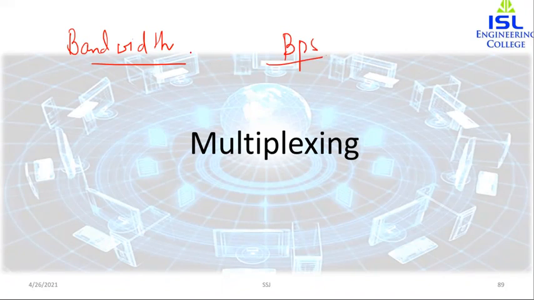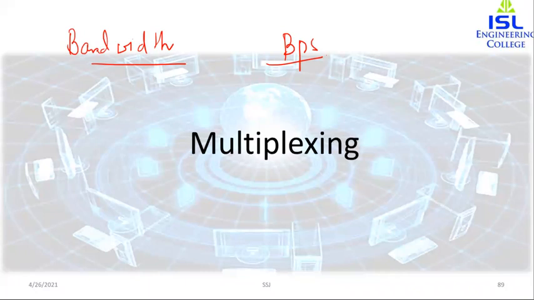Whenever we are talking about bandwidth in the real world, we have links with limited bandwidth. So whatever bandwidth is available, we have to use it efficiently, in such a way that optimum usage is provided.